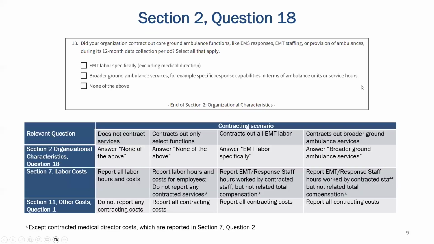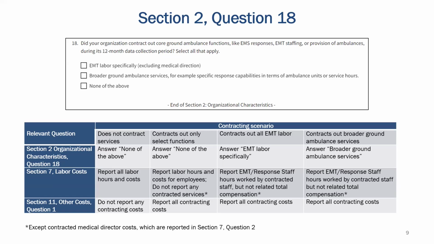So there's an important question at the end of section 2, which covers organizational characteristics. It's section 2, question 18, and it asks you if your organization broadly contracts out staffing, so providing, say, all EMTs, or a broader provision of ambulance services.